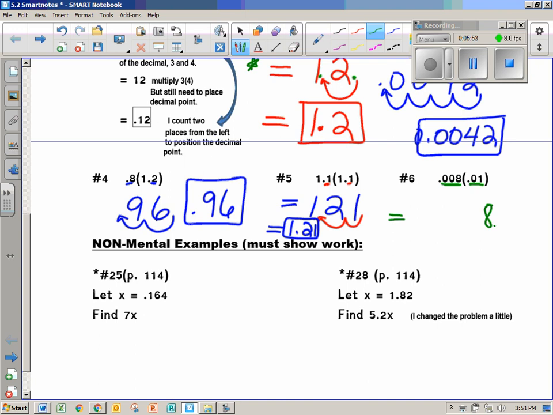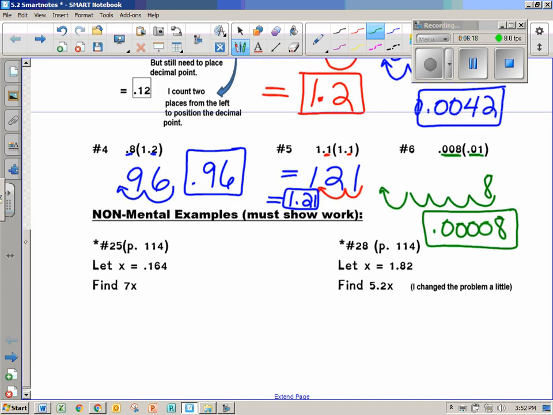So it starts here. 1, 2, 3, 4, 5. So that's 4 zeros I'm going to have to fill in. So it'd be 0.00008. Makes sense that that answer would be so small.